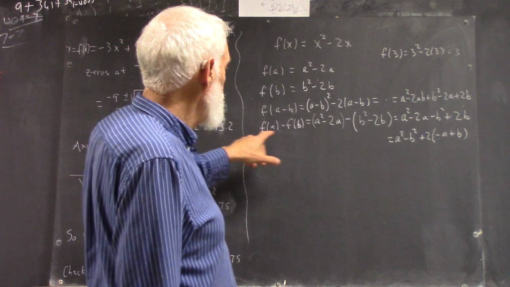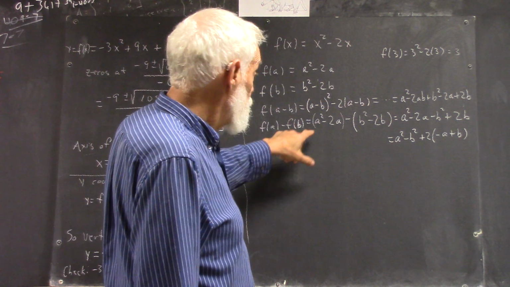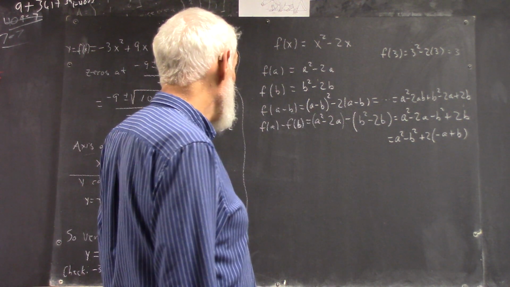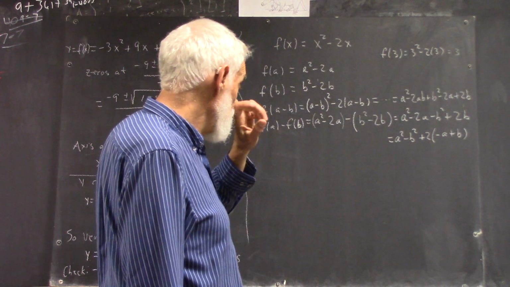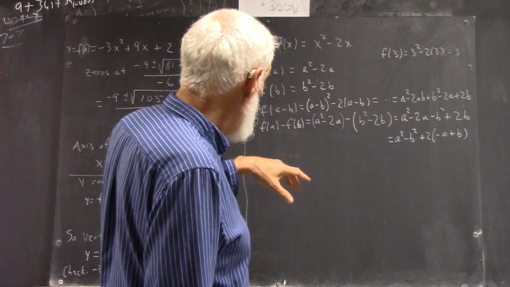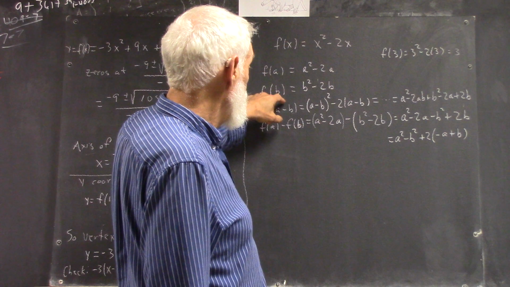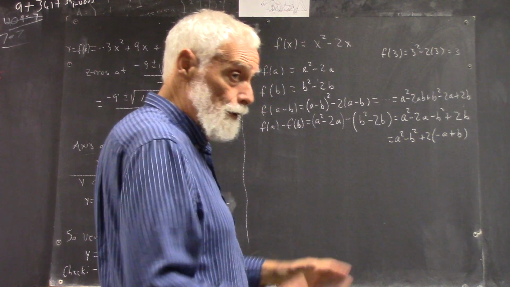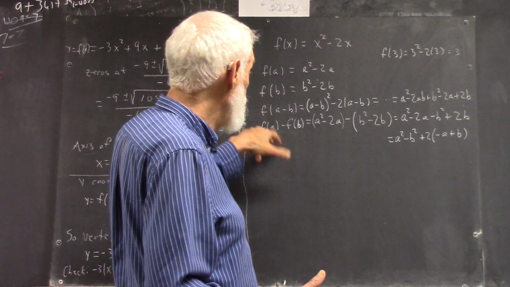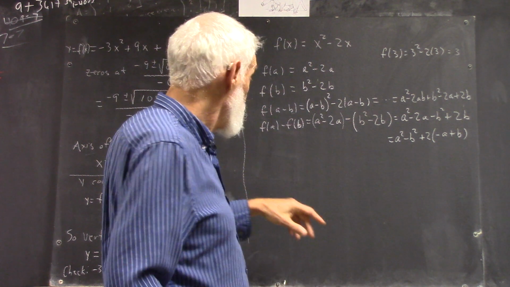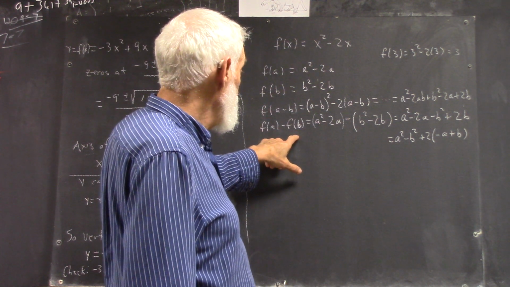Now, if we do f of a minus f of b, we get something that's actually pretty much different. Not totally different, but it is a different expression, because function notation doesn't distribute over subtraction. There's no distributive law that acts on function notation. F of a minus f of b is just what?